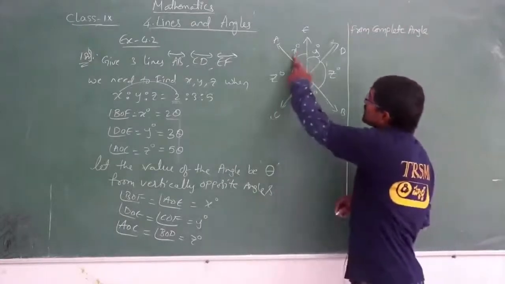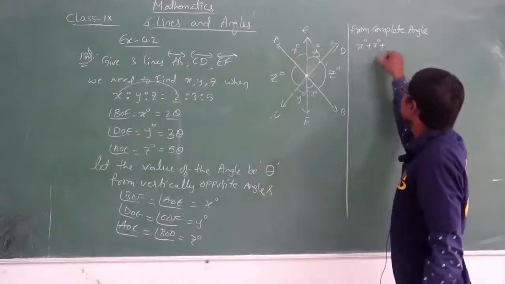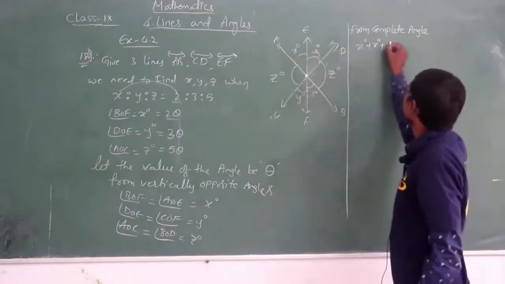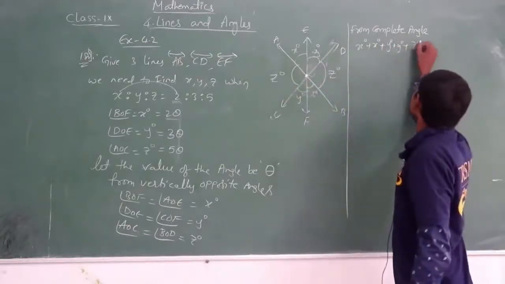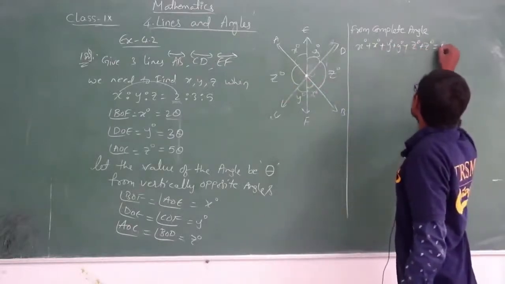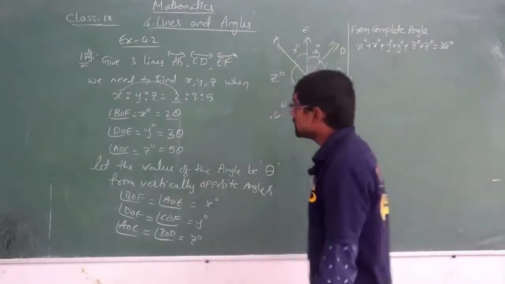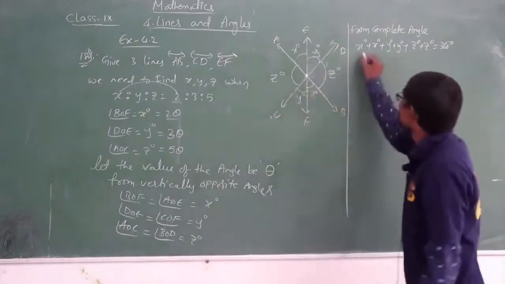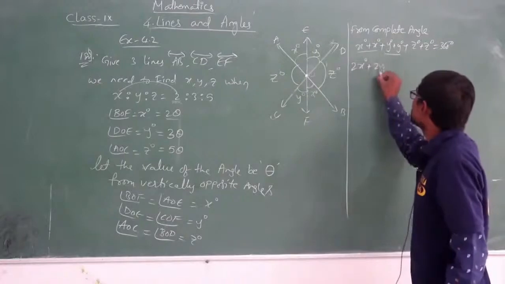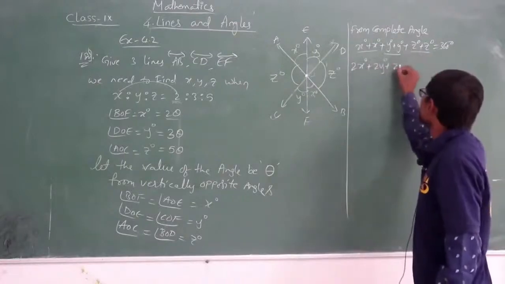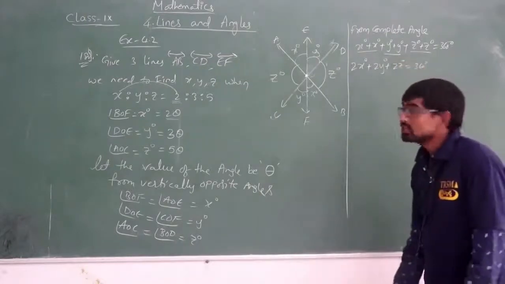So we can see here x degree plus x degree plus y degree plus y degree plus z degree plus z degree is equal to 360 degrees. This is the complete angle, isn't it? Now x plus x is 2x, y plus y is 2y, z plus z is 2z, equal to 360 degrees.